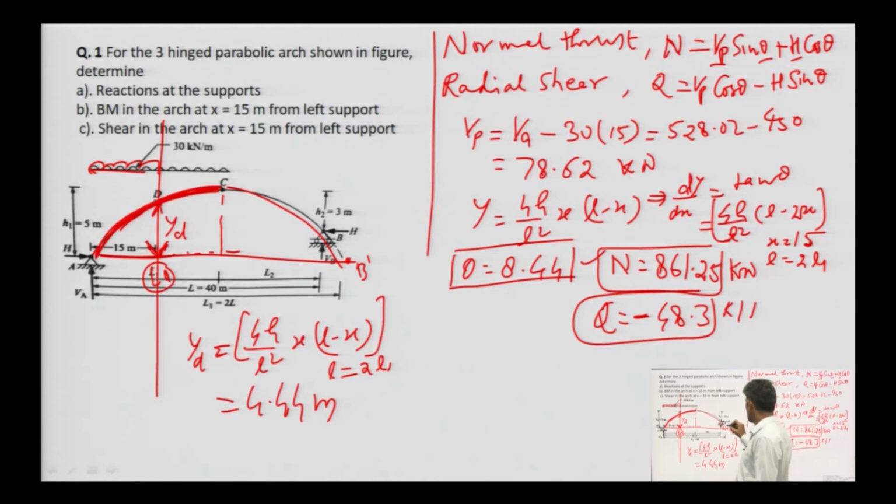This is basically an imaginary arch, B dash. By doing this, every parameter can be calculated very easily as we did in the previous question.